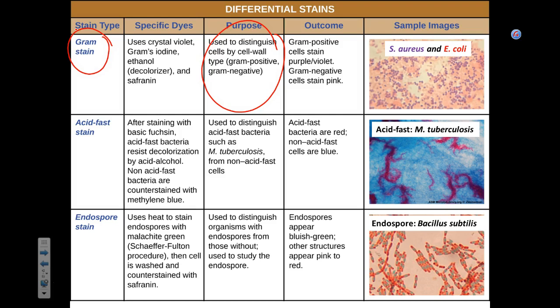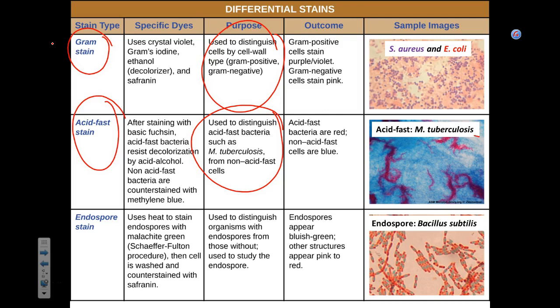I also mentioned when we talked about cell wall that some microorganisms, such as Mycobacterium tuberculosis, cannot be stained using the Gram stain approach because they have a layer of mycolic acid on the outside. So acid-fast stain is used to stain Mycobacteria, used to stain Nocardia, and other acid-fast microorganisms.